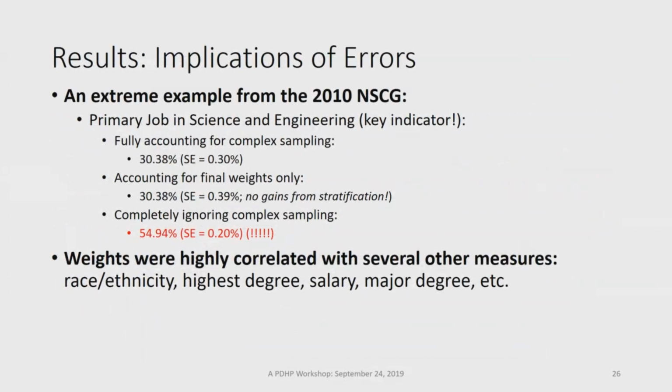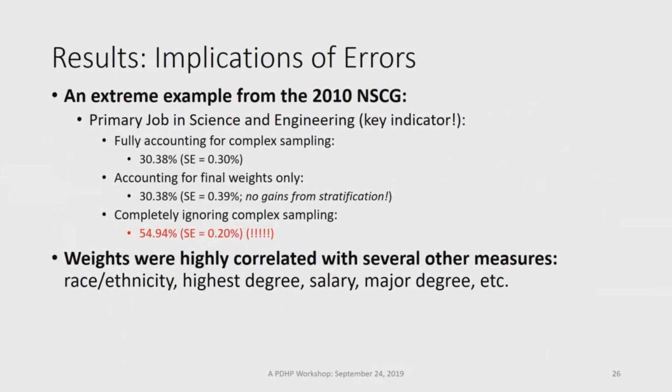That's fine. Seems reasonable. If you only account for the final weights, notice the standard error goes up a little bit. You're not getting the gains from the stratified sampling that was actually used, but that's minor. But look what happens for the 45% of the articles that are completely ignoring the weights. That simple descriptive estimate jumps to 55%.